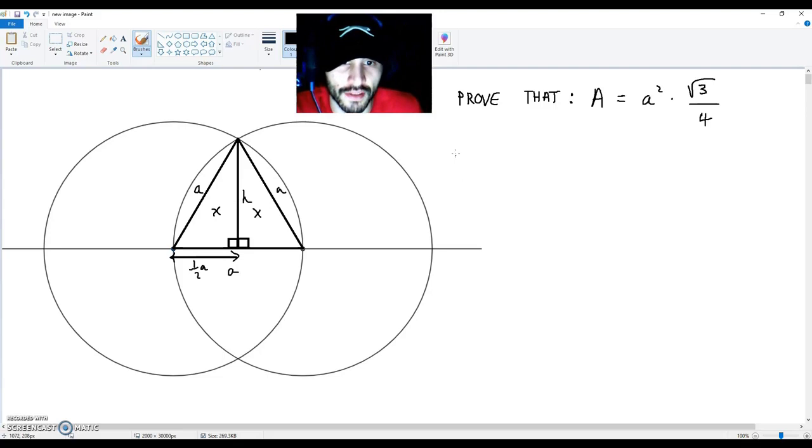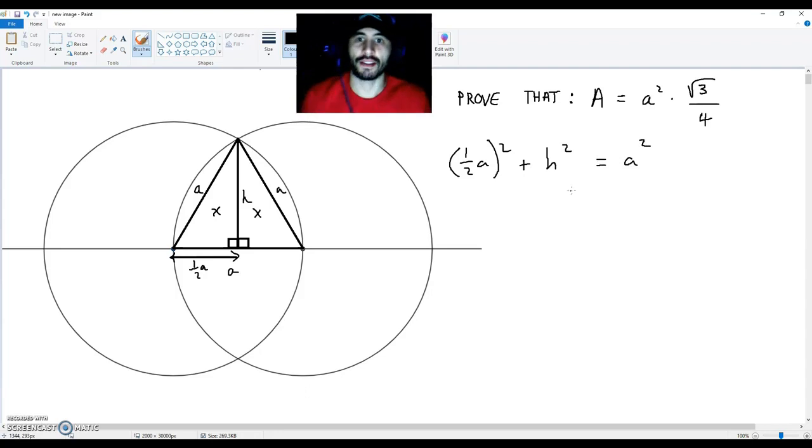Let's write this down. So half a squared plus h squared is going to be equal to a squared. Now with this equation over here, we can determine the value of h in terms of a.